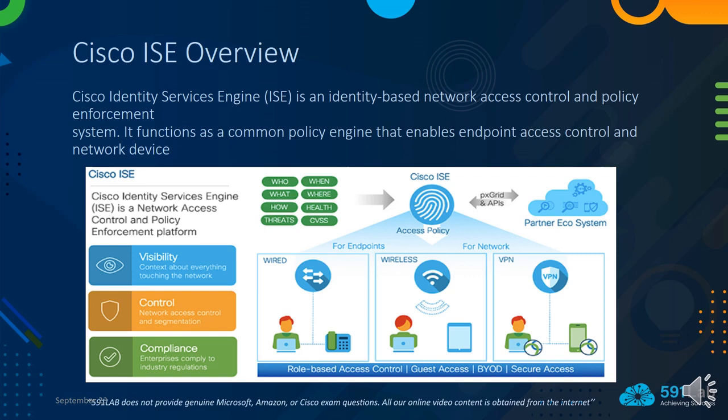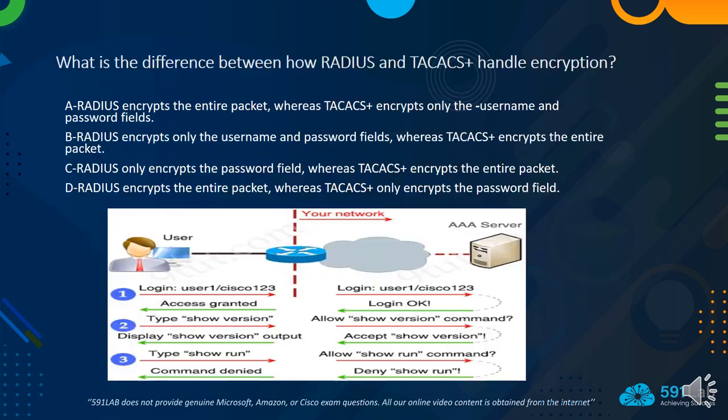Let's begin. Many questions in the ISE exam will cover these topics, and we will explain them with many diagrams. The first question is asking about the differences between TACACS+ and RADIUS. As we know, there are many types of protocols in ISE.